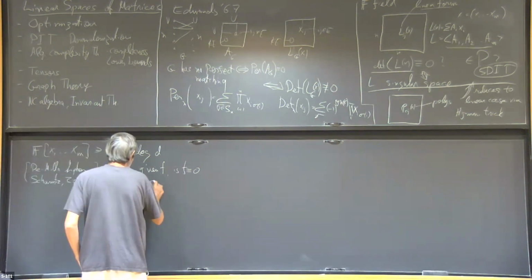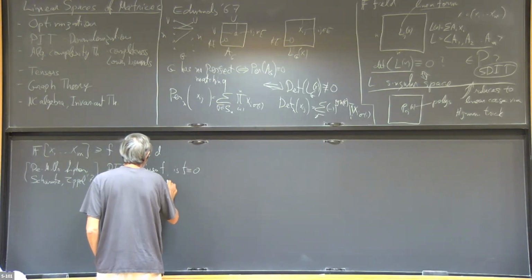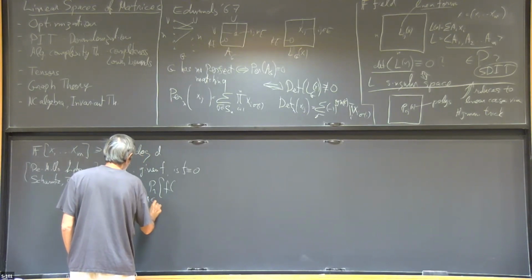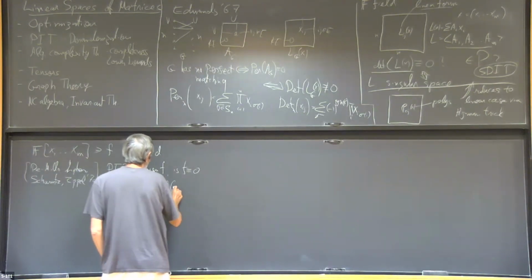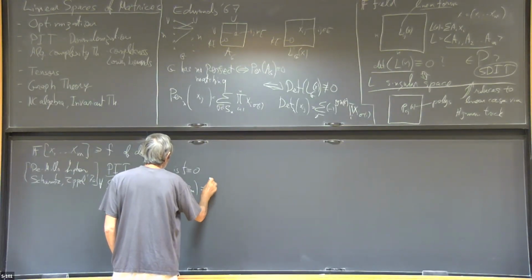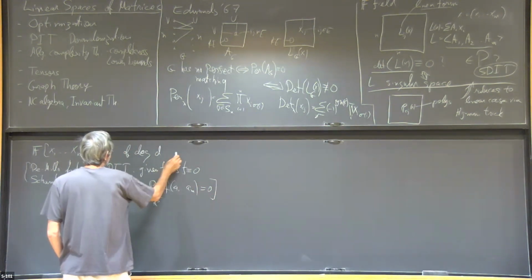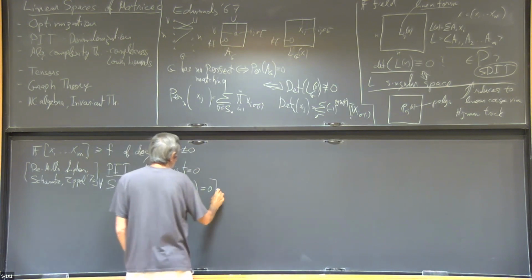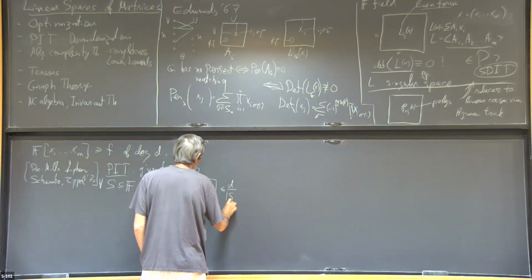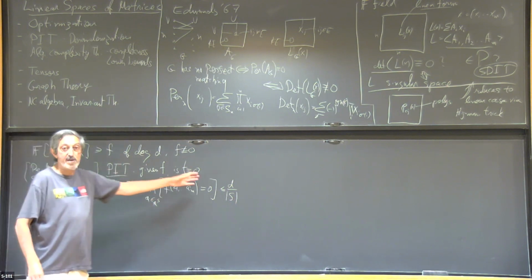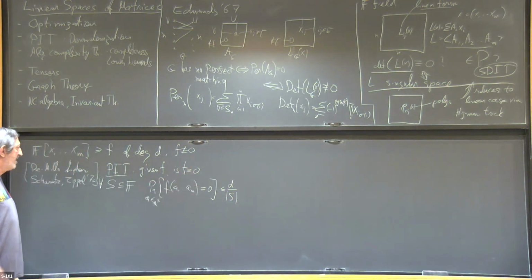Then the probability that f evaluates to zero at randomly picked points in S, assuming that f is not identically zero, is at most d over the size of S. So you pick random values, and if S is large enough, bigger than the degree, you will catch it.